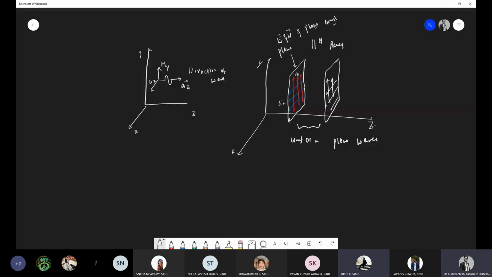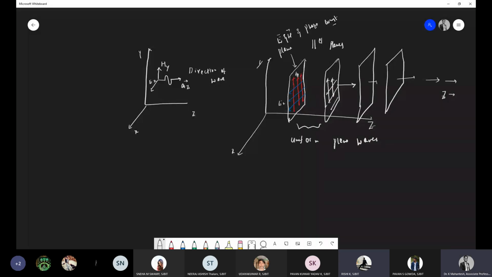And you could see this uniform plane wave traverses in the z axis. You can have another plane here in terms of electric and magnetic field, and this is how the wave propagates in z direction.